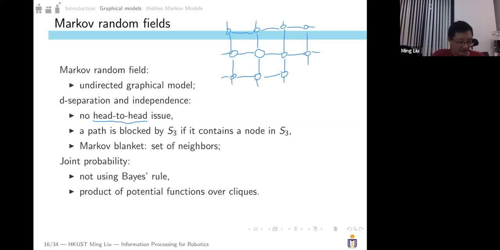And then if I ask you to propagate or transmit the message among all these pixels in the neighborhood, then you don't have a dedicated direction of this message passing. Why that? Because all these are pixels.